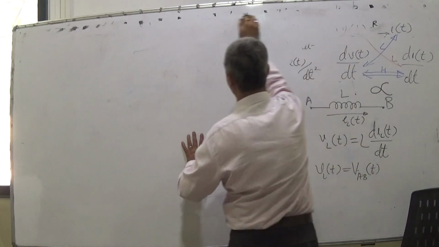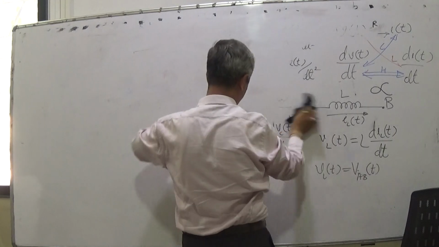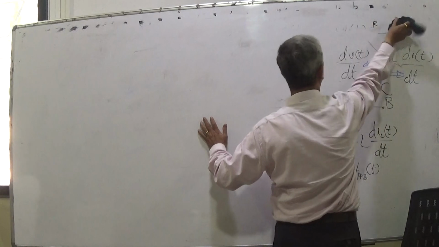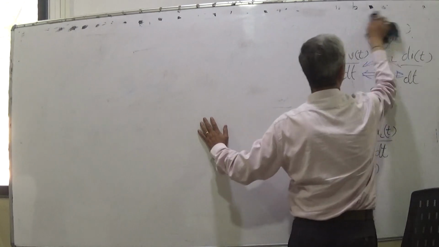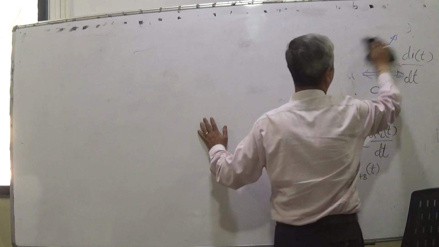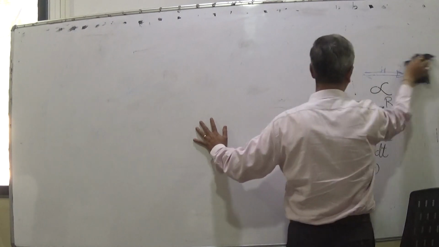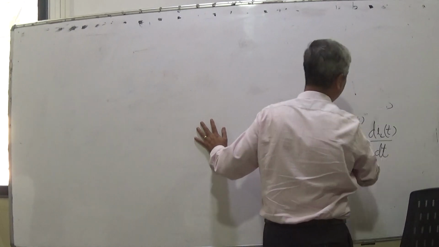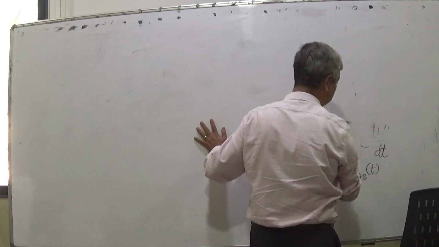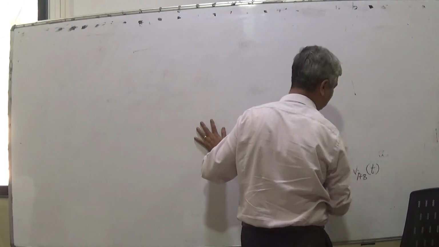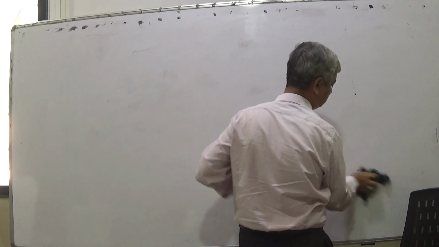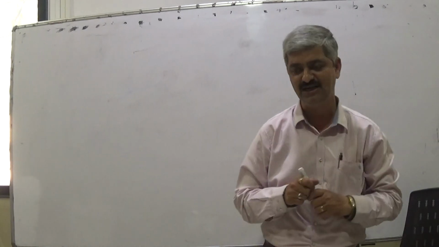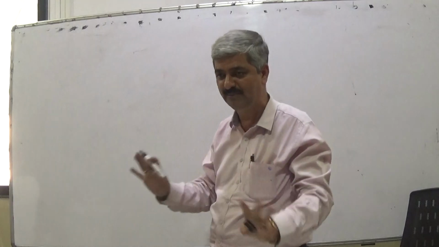Using only R, L and C, your ability should be to construct differential equations. Whether you are able to solve it or not is right now not material. If you are able to describe the problem very clearly, you must be able to construct the problem statement appropriately. So constructing a differential equation is constructing the problem statement.